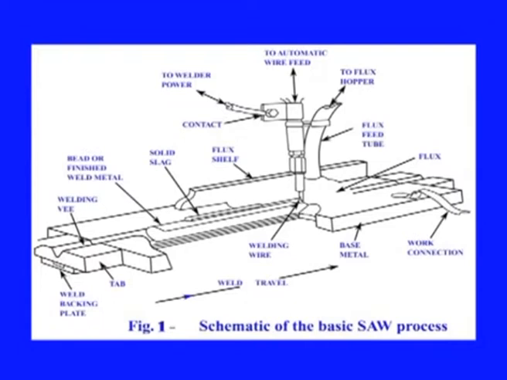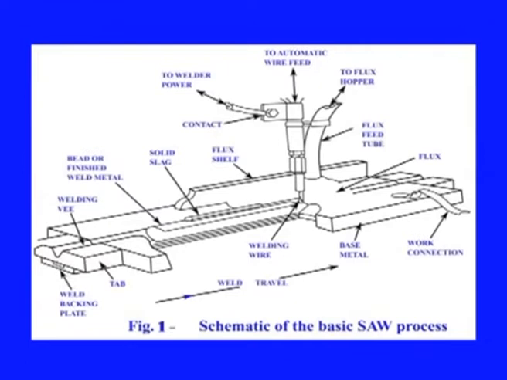And this is the welding wire through which the arc will be produced, and this wire will get melted and deposited here. At this end, there will be an automatic feed for the wire.